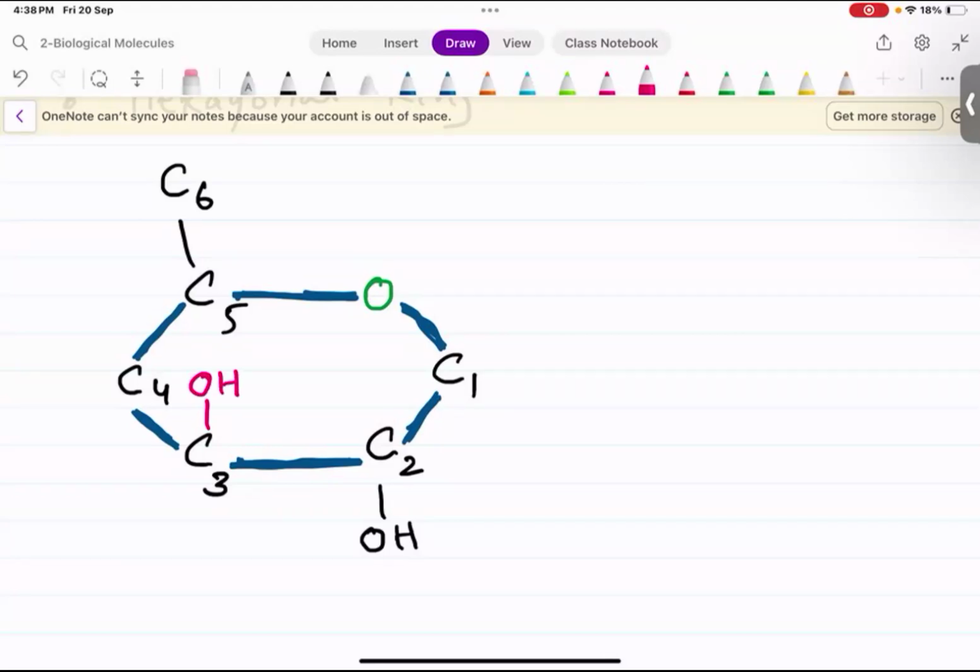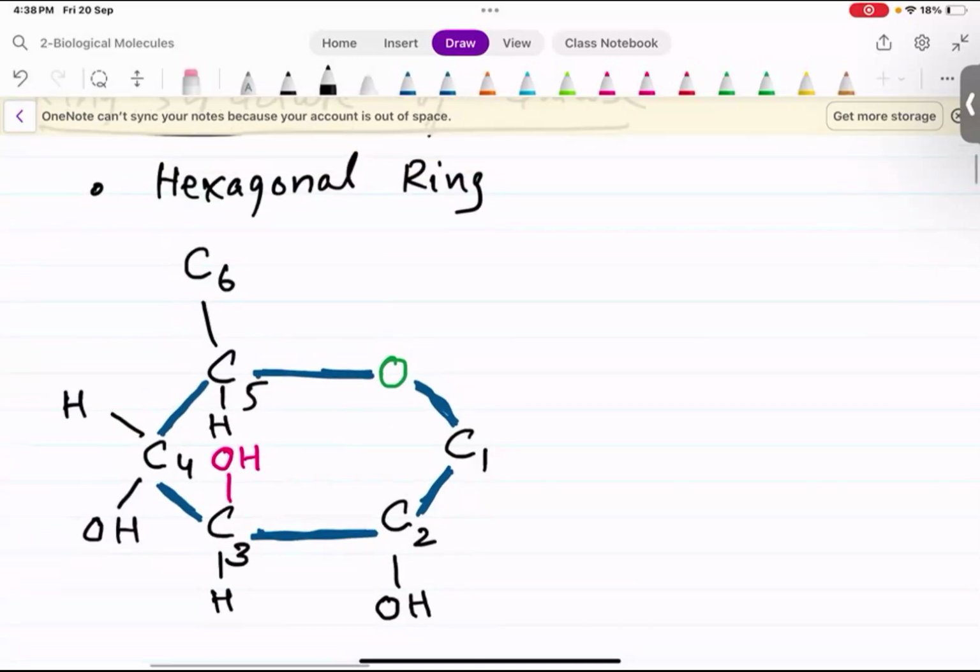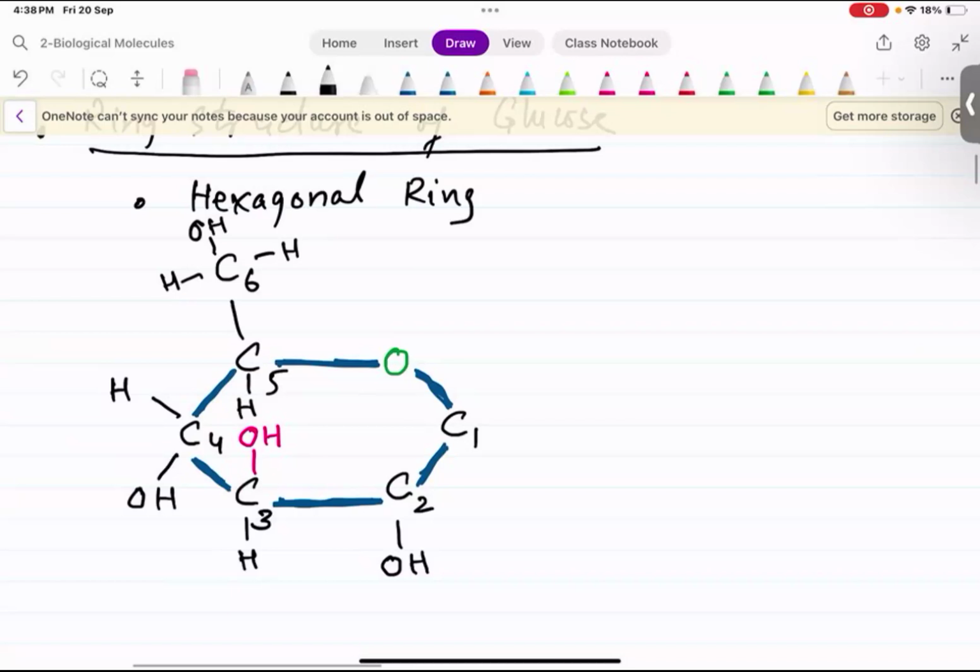Carbon number 4 has an OH group here. It has hydrogen here. Carbon number 5 has hydrogen only. Carbon number 3 has hydrogen here. And carbon number 6 has an OH group here and 2 hydrogens here. And then we have carbon number 1 left here.